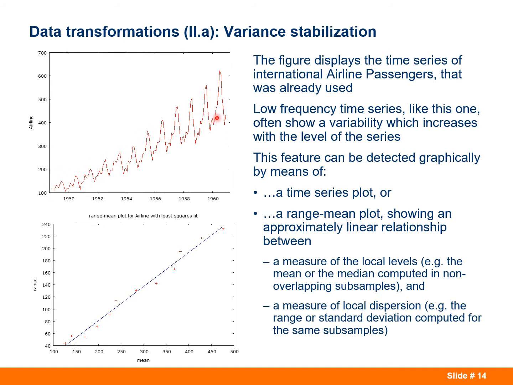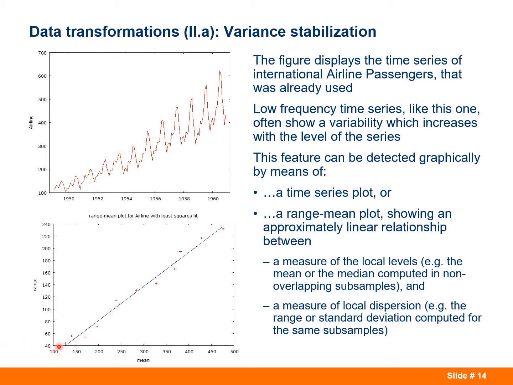Another alternative tool to detect this pattern of variability changing over time is the range mean plot. Here we have the range mean plot for this time series. Each data point is the mean for 12 months and the corresponding range. The range is defined as the difference between the largest and the smallest observation in each subsample.